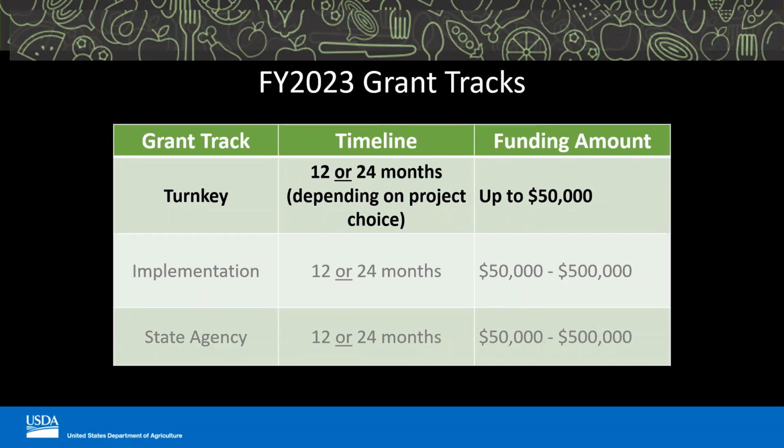Applicants to turnkey grants choose one of 3 projects and agree to complete all. Each of the 3 turnkey projects vary in period of performance and, to an extent, entity eligibility.